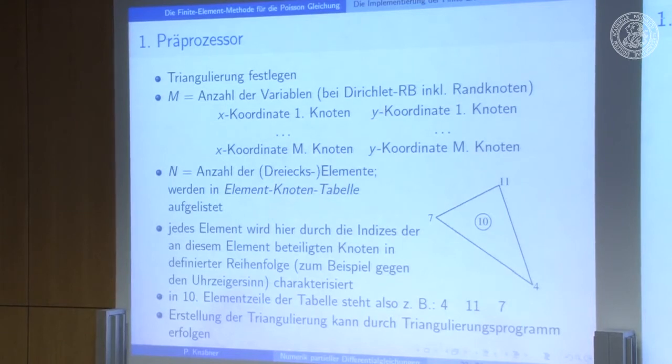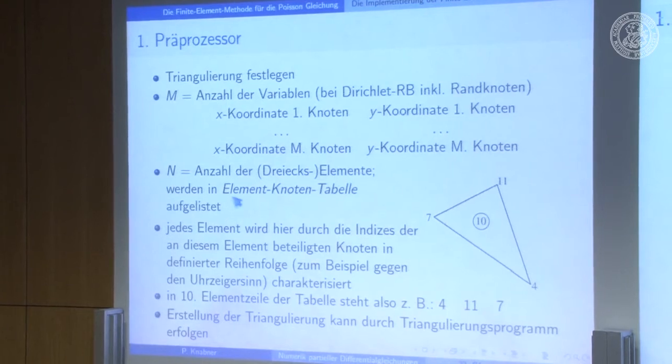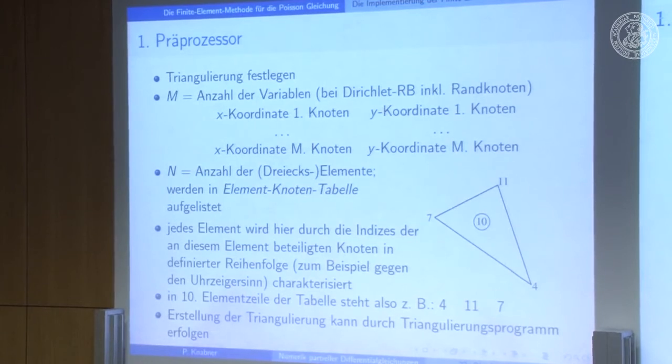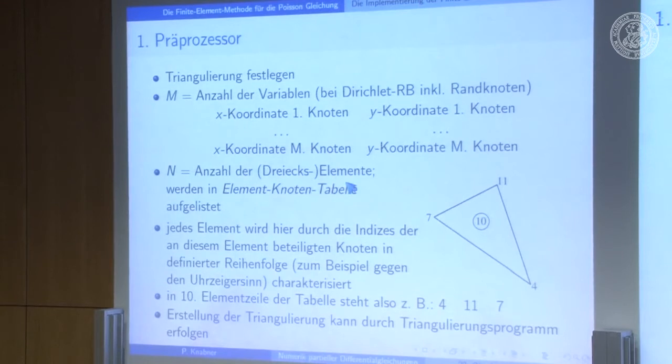And which triangles is encoded in a so-called element node table, Elementknotentabelle, in which we give for each triangle, which also has a global numbering, the nodes which are involved in terms of their numbers in the global nodal table, Knotentabelle.